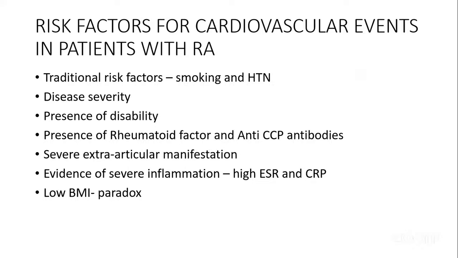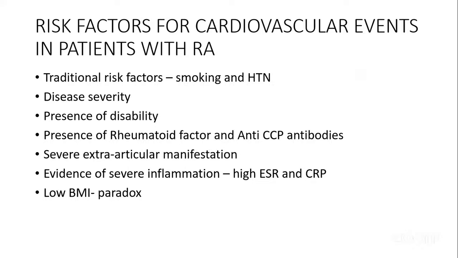So their presence also increases the risk for development of cardiovascular events. But like I said earlier, their presence alone cannot explain the burden of disease we find in this group of patients.